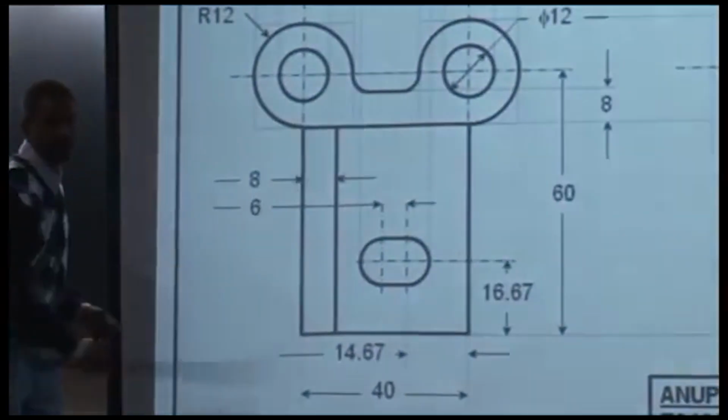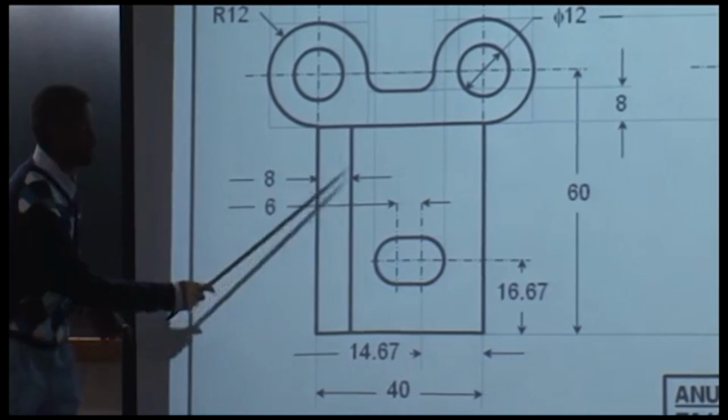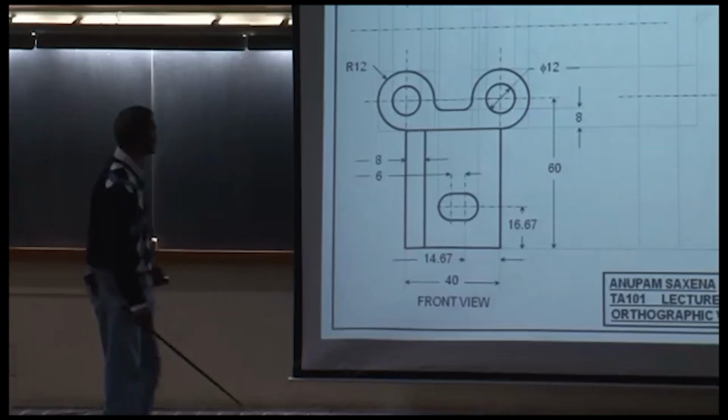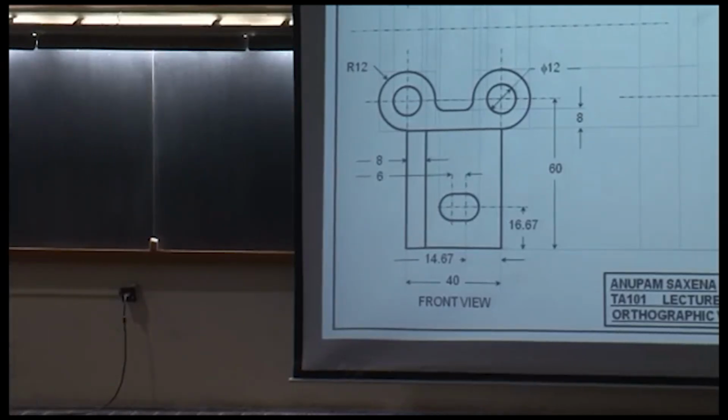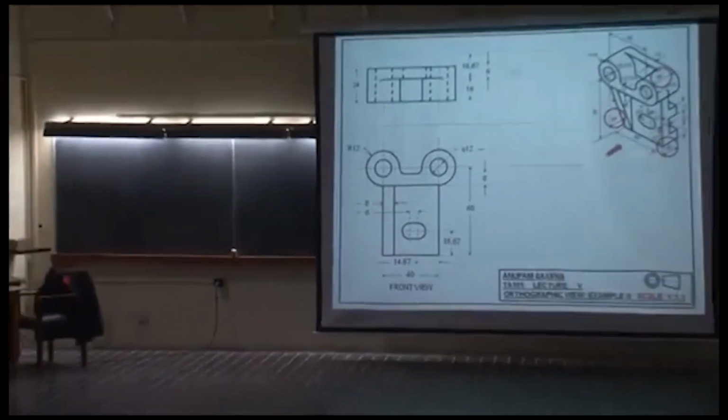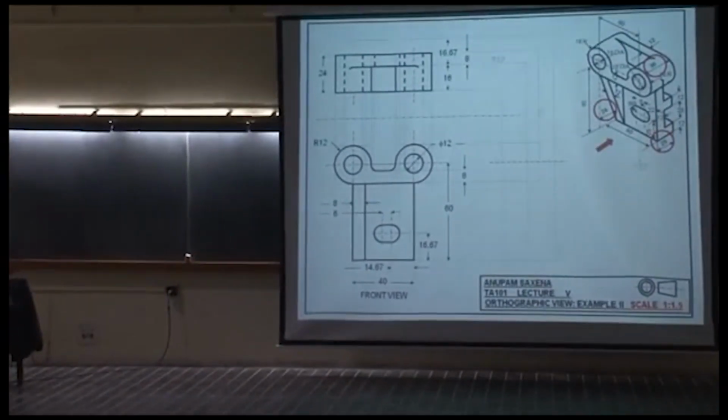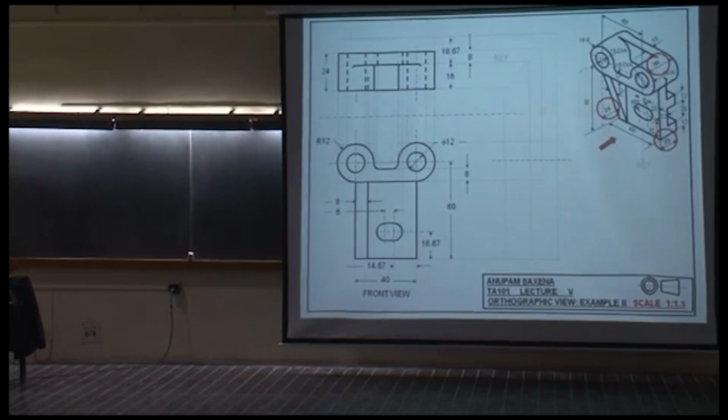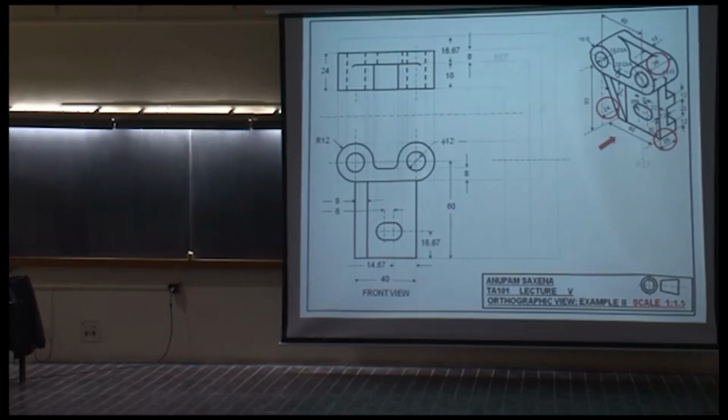Things are getting a little complex. Now I'm taking the projection from here for this rib. What would I see in the top view? A hidden line. Okay. Up to where? Up to where? Up till the reference plane, right?